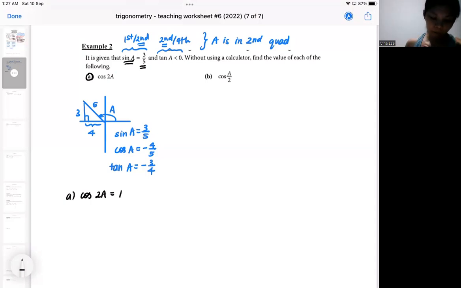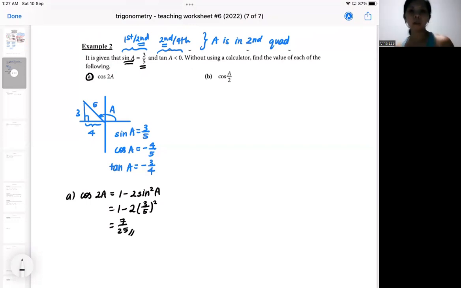I prefer to use the given ratio so that I minimize my chance of being careless. So the given answer, 3/5 is given, so it should be quite safe. So I will get 7/25.